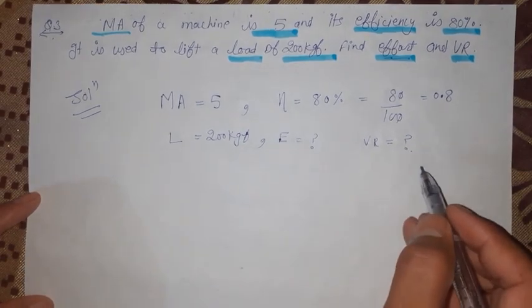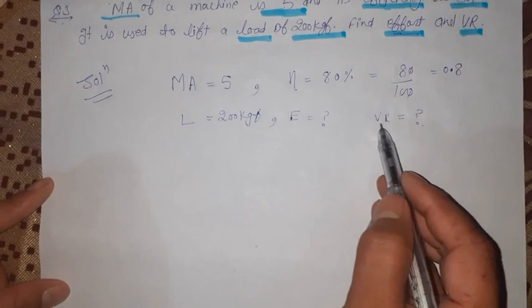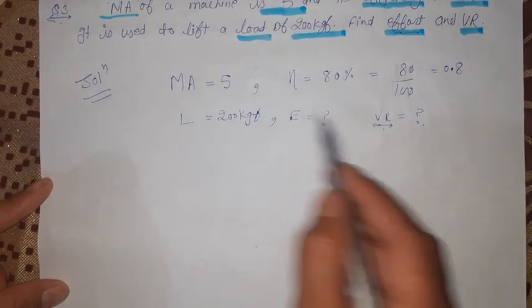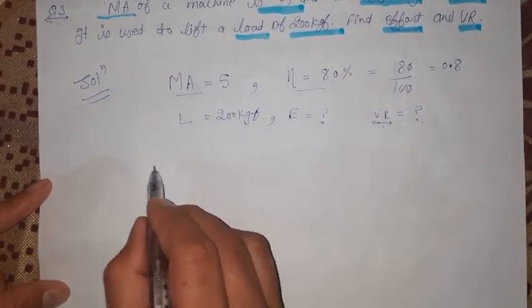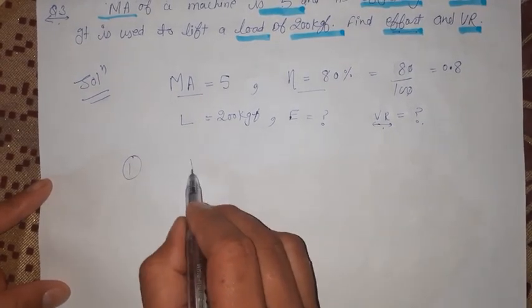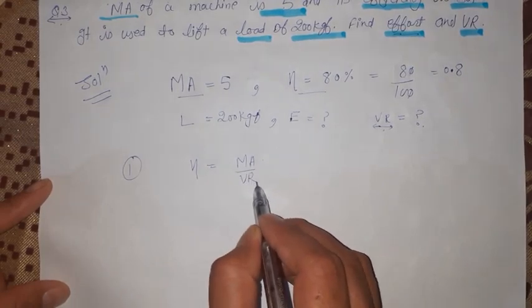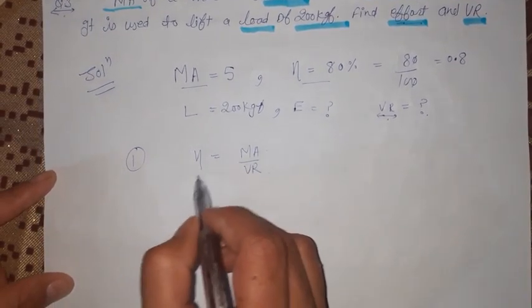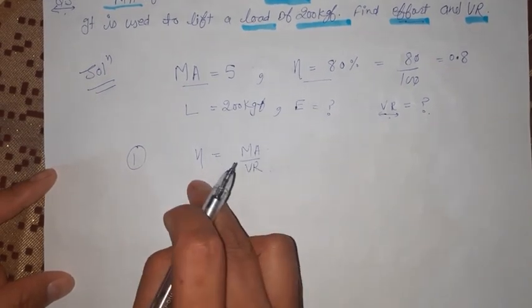What is the effort and what is the velocity ratio? This is our demand. So for this question, student, how can we calculate the velocity ratio? Mechanical advantage is given, efficiency is given. Efficiency is mechanical advantage to velocity ratio. I'm not taking a percentage over here, it is simple efficiency, without percentage.